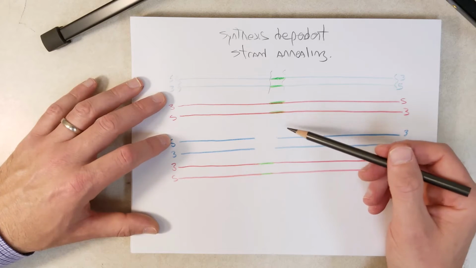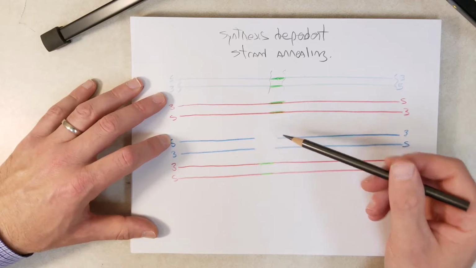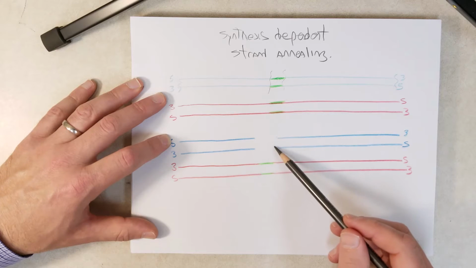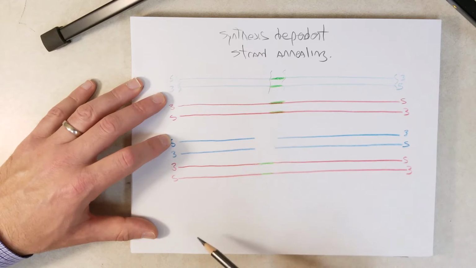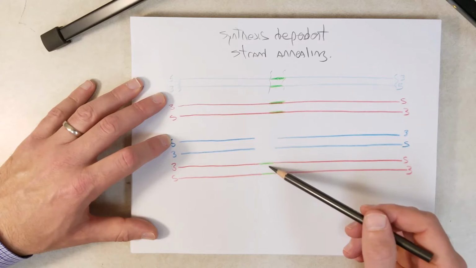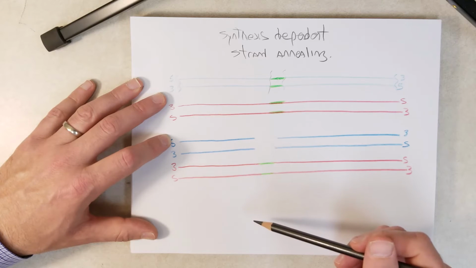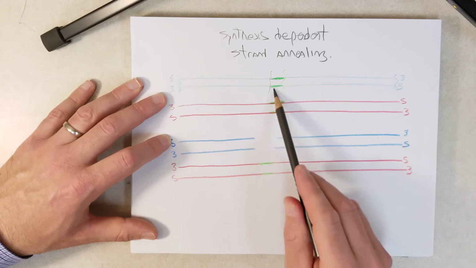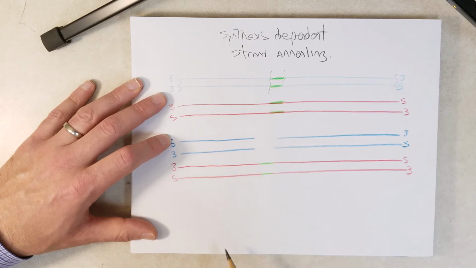So it's in the cell's best interest, when it's repairing a double strand break, to use a donor to repair that break, so it can recoup some of that genetic information that was lost during the break. In most cases, using a template is the best way to repair the DNA molecule. Otherwise, if the cell stuck these back together, those green bases would have been lost. And if this was in the middle of a gene, that could be problematic.